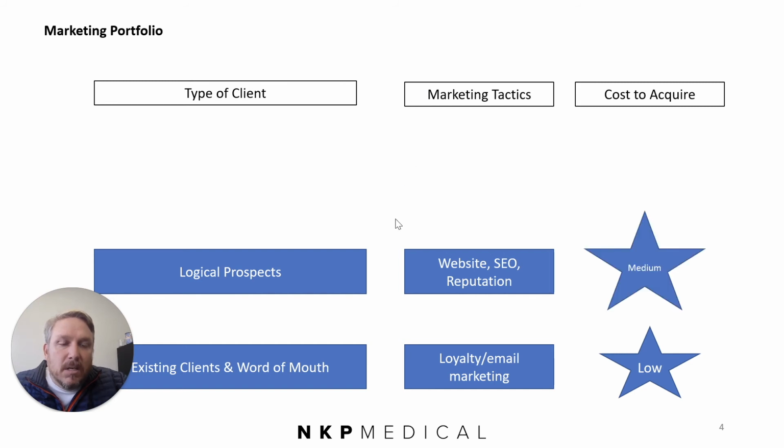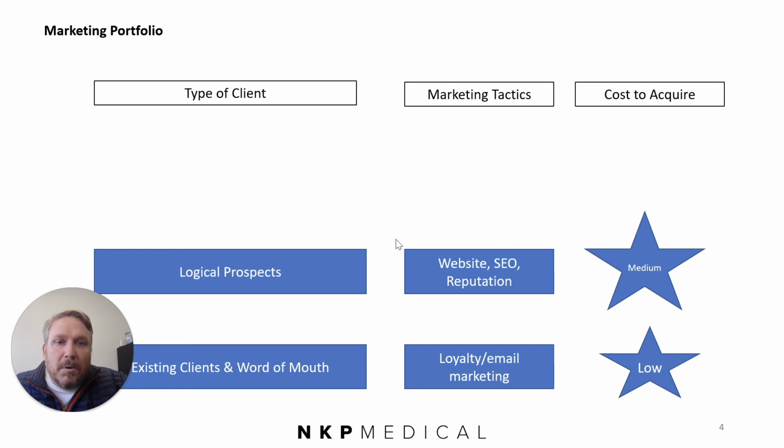And the cost of that is in the sort of medium category. It's definitely more expensive than the people that just sort of walk in to your office every month or are referred by a friend. But it makes a lot of sense to spend money on this, because otherwise you'd be leaving some pretty easy or logical opportunities on the table.